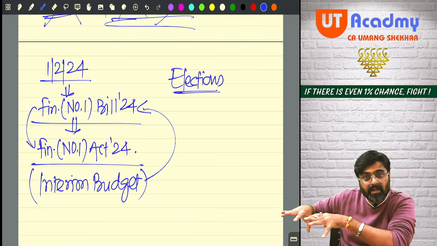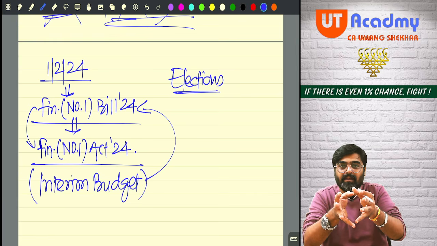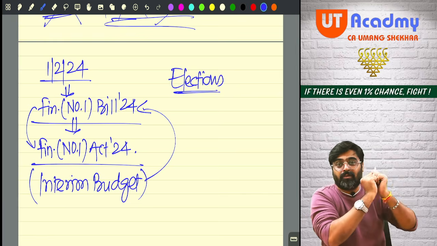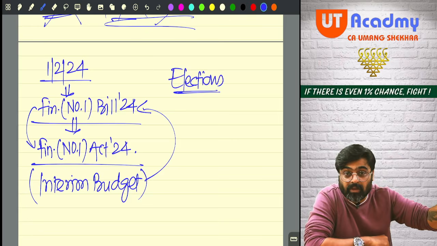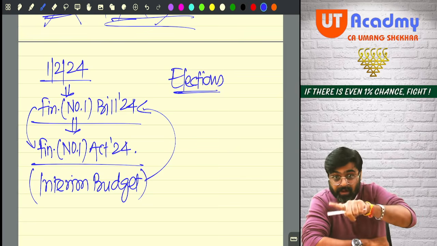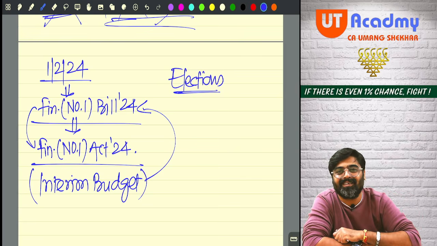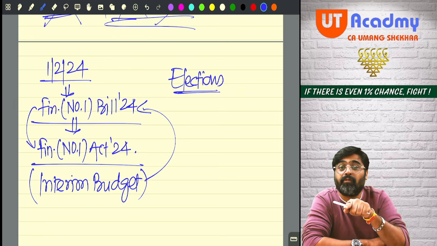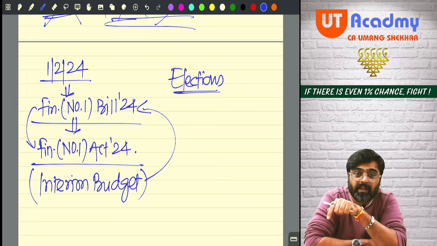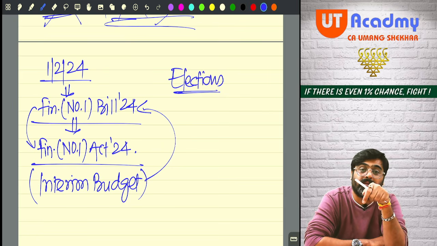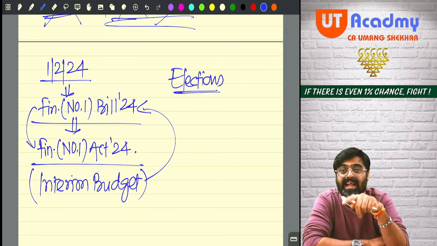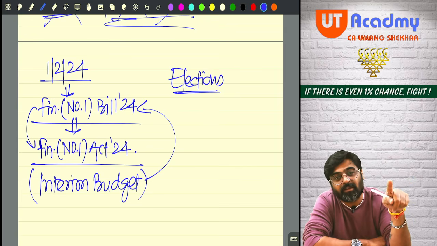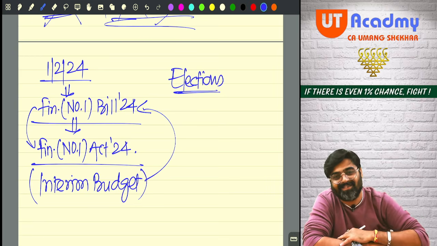Now in the election, if new party is winning and new government is forming, a new budget, final budget, will be prepared and presented after the elections. And what if the old party wins and forms the government? Then also that government is a new government, and that new government will always make a final budget after the election is over.